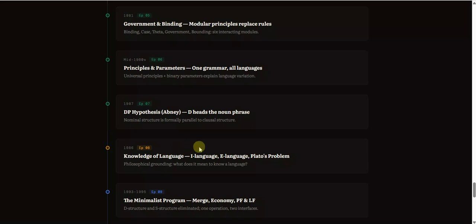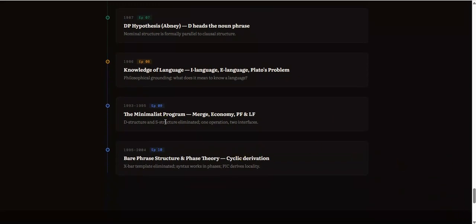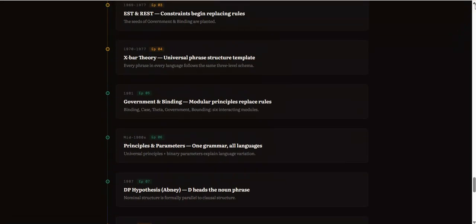Then 1986 is Knowledge of Language. Then the Minimalist Program, spanning from 1993 to 95. Then bare phrase structure and phase theory from 1995 to 2004. This is the whole timeline.